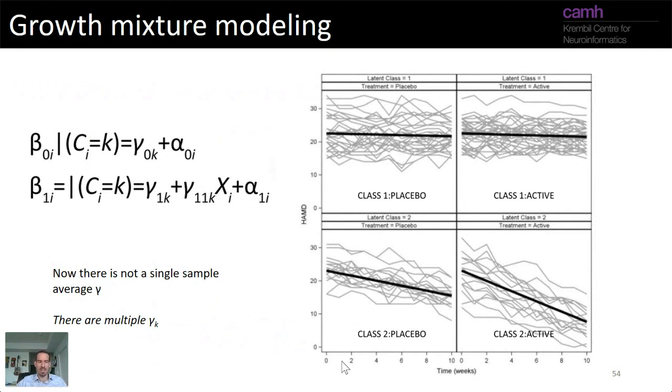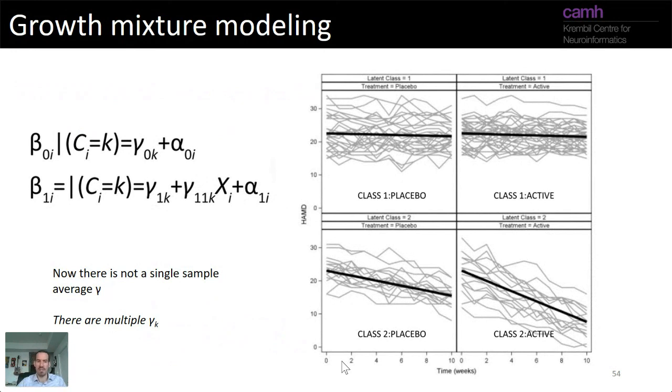This is a latent method, kind of like PCA was. We come up with a latent class solution that best fits the data. In this sense, we can come up with groups of people that have variable trajectories around a group average, but instead of around one group average, it's around multiple group averages. So there's no single sample average, there are multiple averages around which people can vary.